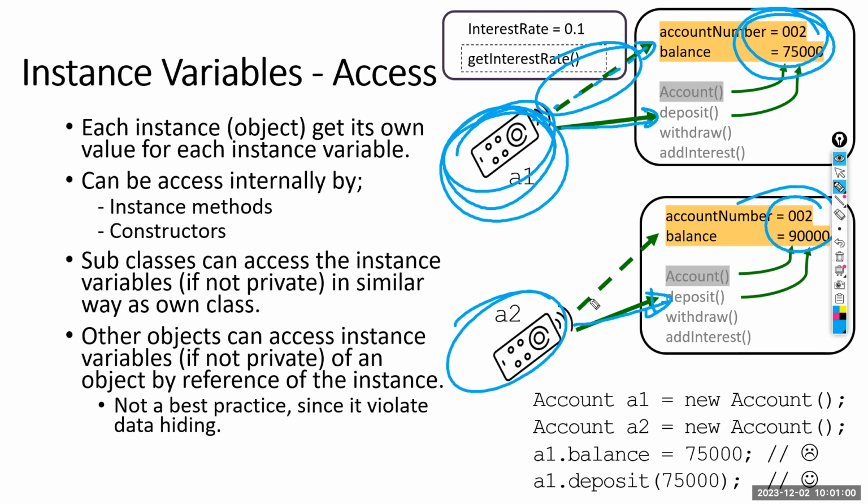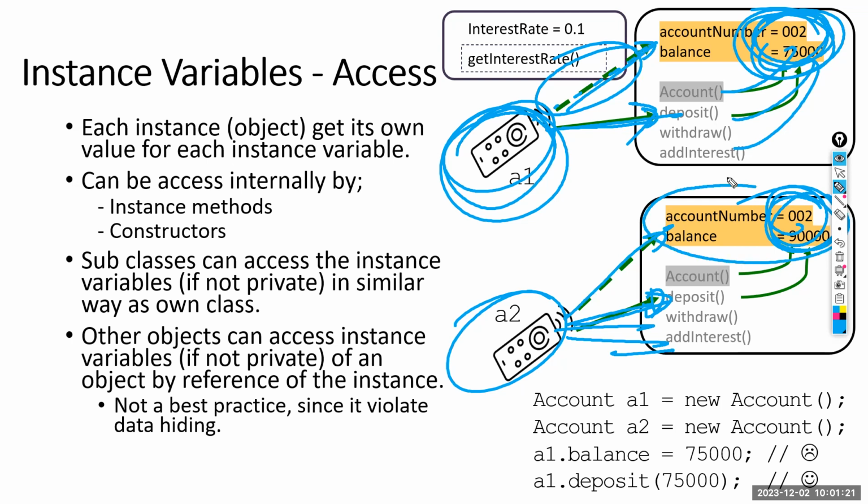So that means your data is not hidden. So ideally what we have to do is hide this data so that only your behaviors and constructors access it. Others have to call the behavior. If you want to access this data, you have to call the behaviors. You are not supposed to directly access the data if the data is hidden.